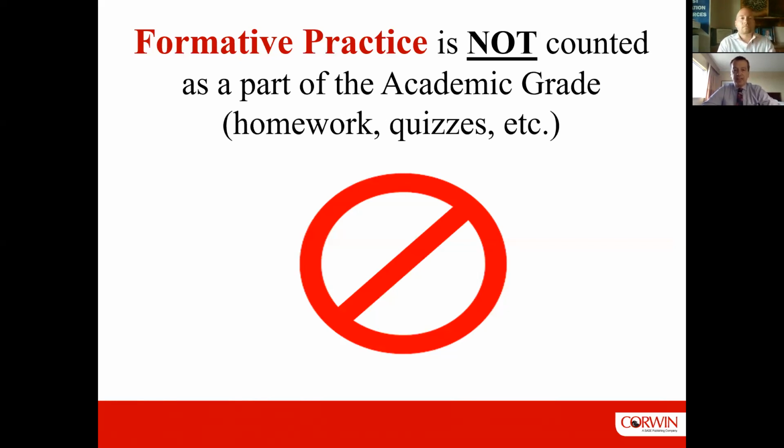Formative is anything we do along the way that guides, that informs my teaching practice, the students' learning outcomes. But if it is recorded in a grade book unalterable, it is no longer formative.